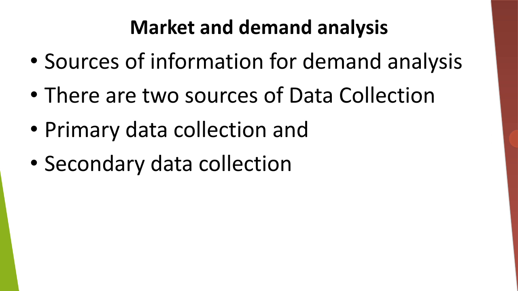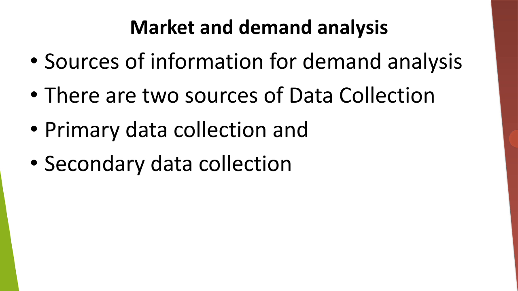So generally we are using primary data because in case of primary surveys, market surveys, we are actually directly approaching the consumer and directly collecting the data. So the primary data collection is an important source. That is, we are directly collecting the data from the consumers, from the market.